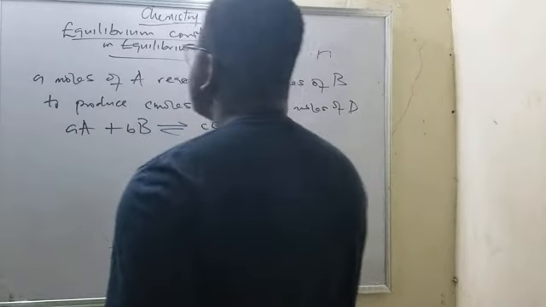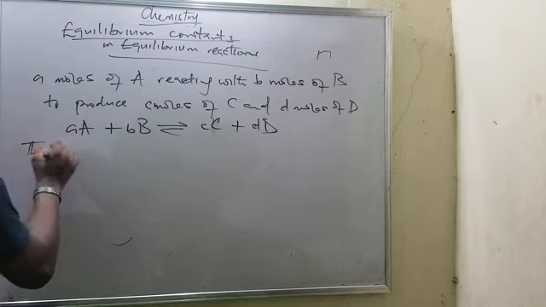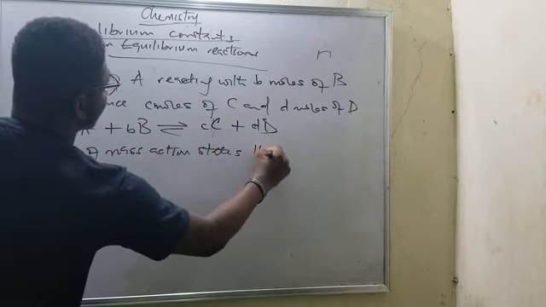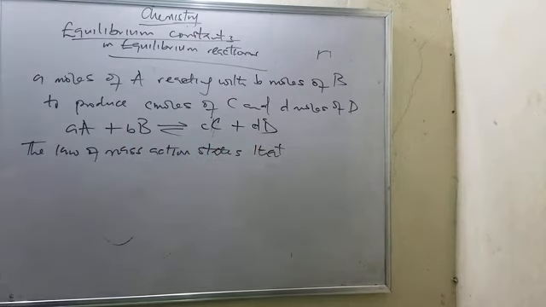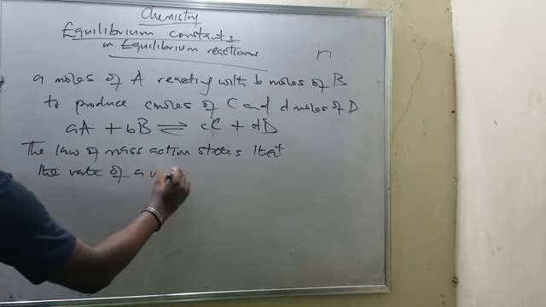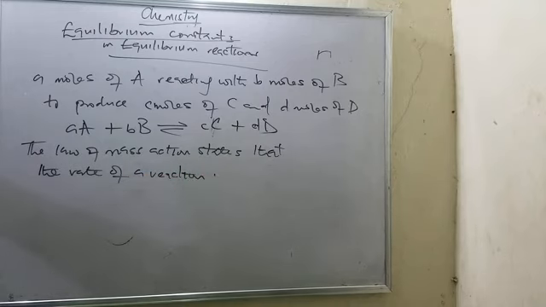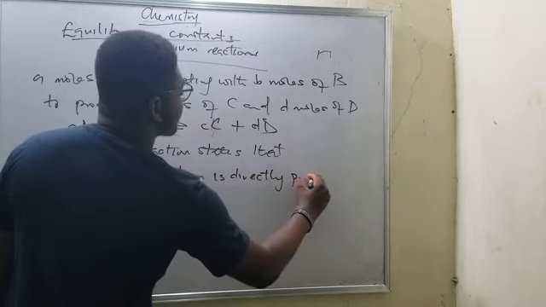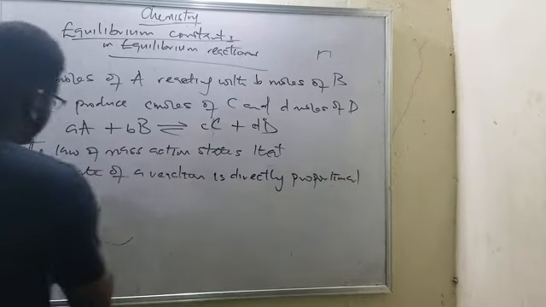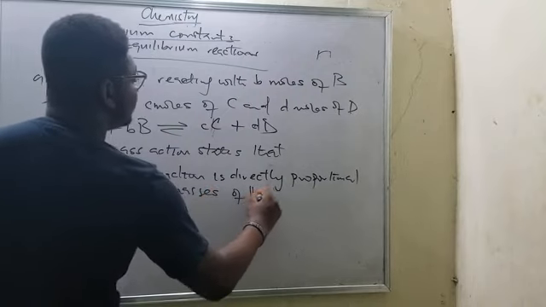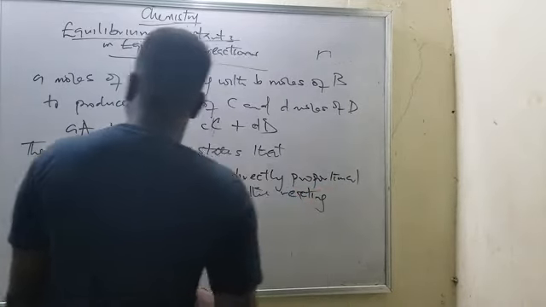For this concept to work well, we'll be using the law of mass action. The law of mass action states that the rate of the reaction is directly proportional to the active masses of the reacting species.